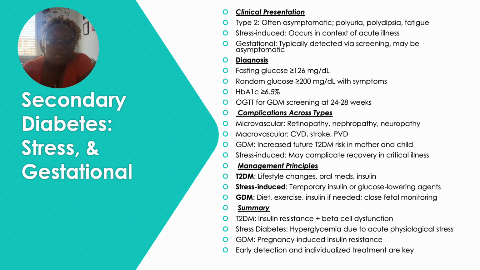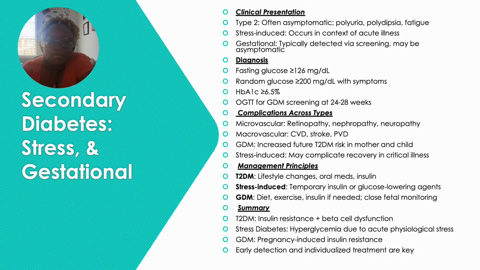Some of the management principles. In type 2: lifestyle changes, carb counting in your meals, and insulin. For stress-induced: temporary insulin or glucose-lowering agents. For gestational: diet and exercise, insulin if needed, and close fetal monitoring. So in summary, type 2 diabetes is where you have insulin resistance coupled with beta cell dysfunction.